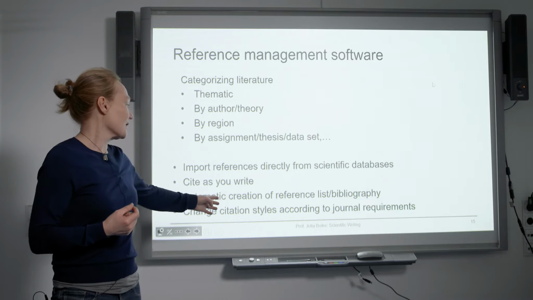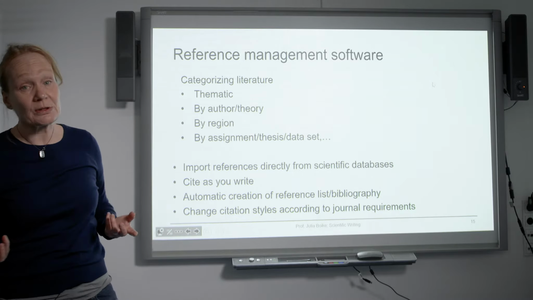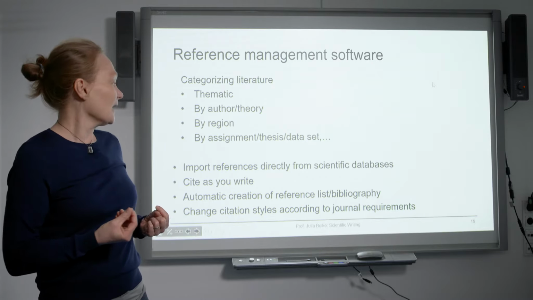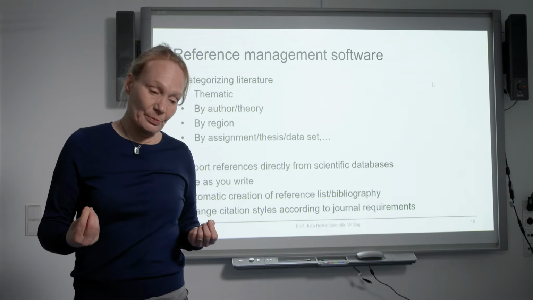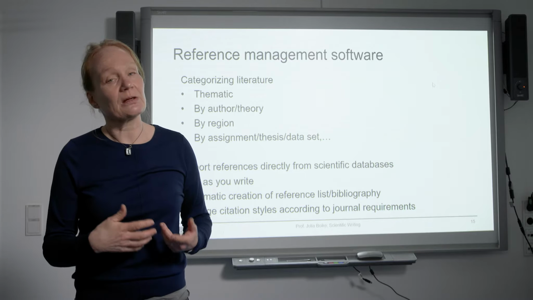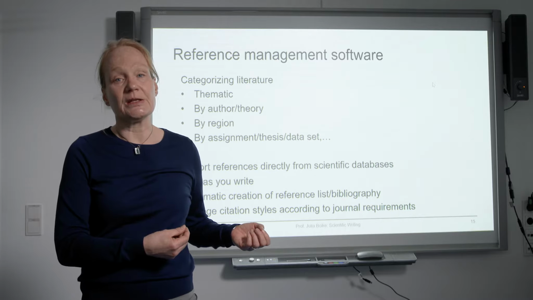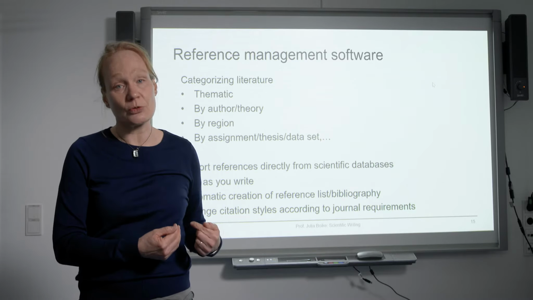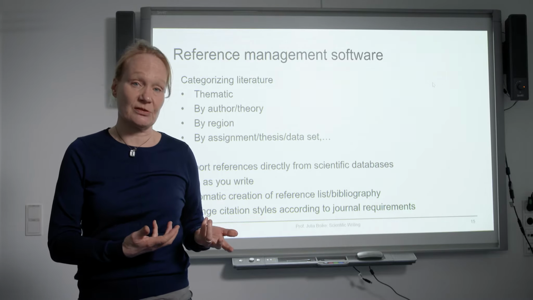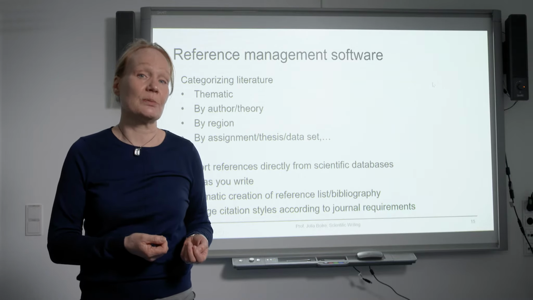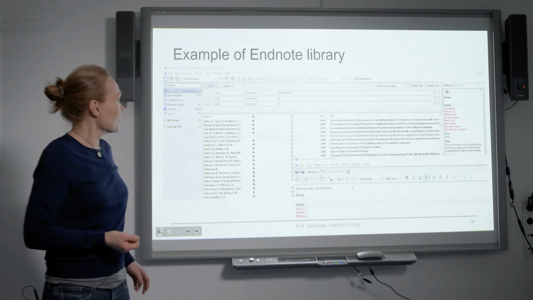You can automatically create the reference list bibliography in your word processing style. And very important, if you submit a paper and it comes back rejected, for example, then you can submit it to a new journal, and therefore you very likely have to reformat the references because it's a different journal format. Thus you can just use the software and you don't have to do it manually.